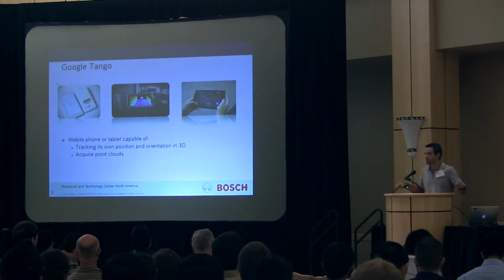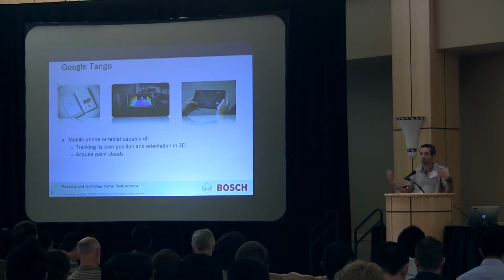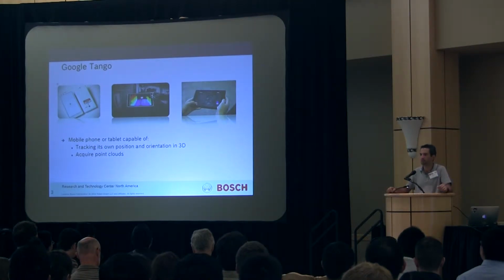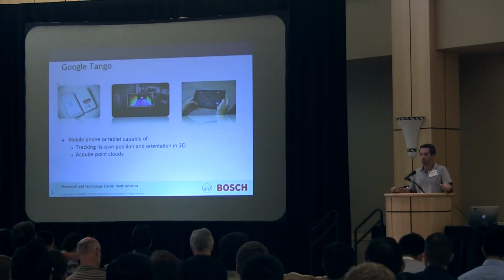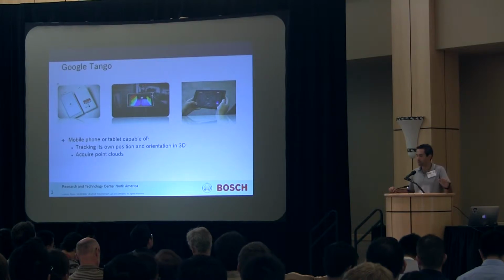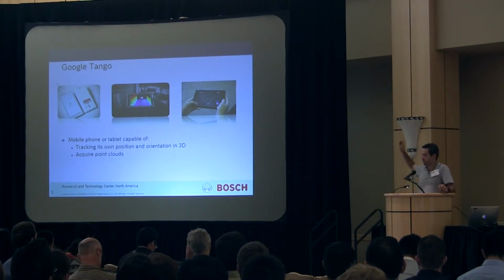For the data acquisition, I think you're sort of familiar with the Google Tango project. For those of you who haven't heard of it, it's a mobile device that is capable of tracking its own position, and it's also capable of acquiring 3D data. Bosch is one of the partners of the ATAP Tango project, and we have the small mobile phone that you see on the top left, and we also very recently acquired the tablet that you see on the top right edge.